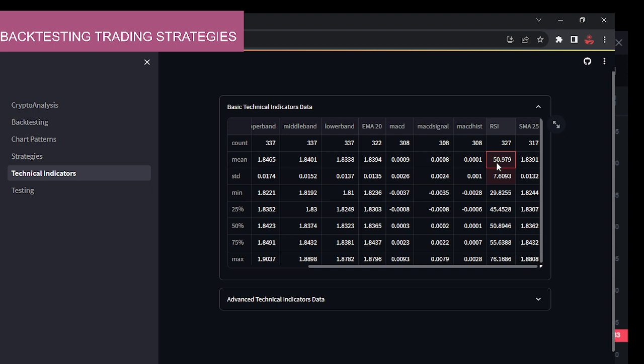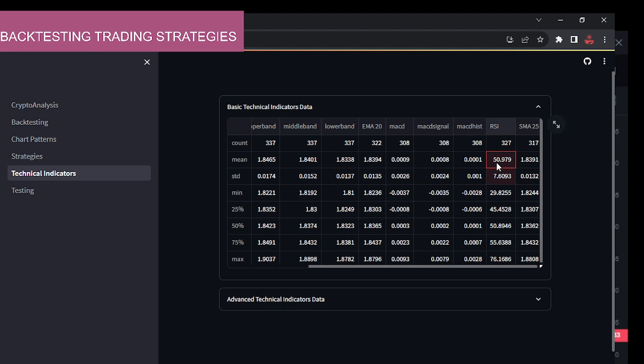Another thing that I will also check on is the 25th percentile, because that means a quarter of all the values will contain somewhere close to 45.4528.